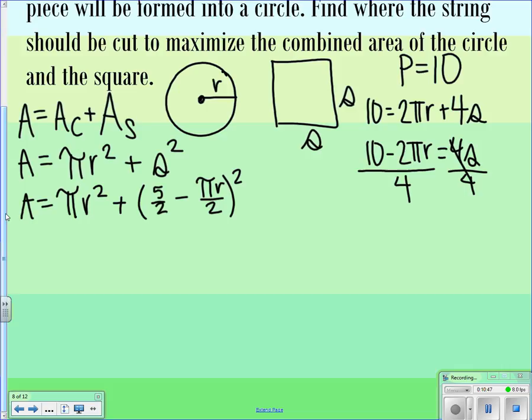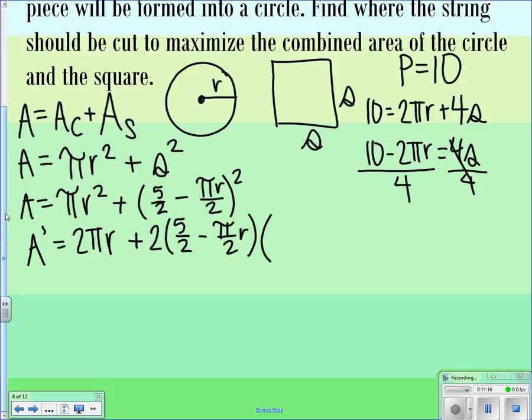And now to maximize it, you're going to take the derivative. So the derivative of pi r squared. Well, before we do that, let's go ahead and distribute. Well, we don't have to. We can leave it if y'all would like. We can say 2 times 5 over 2 minus pi over 2r, and then times the derivative of the 5 over 2 is 0.